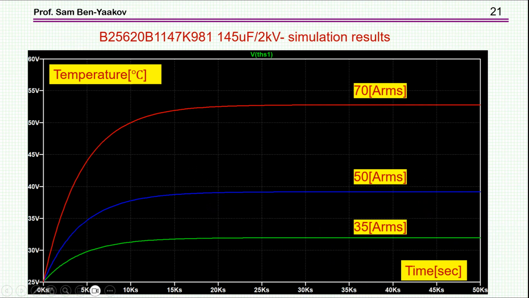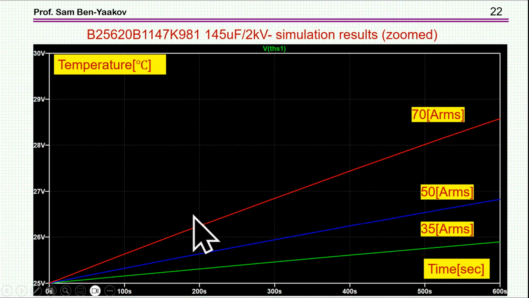This will be the time, and this will be again the temperature rise. It's starting from the ambient of 25 and goes up to 50 something for 70 amps. This is steady state, and this is the turn on transient.